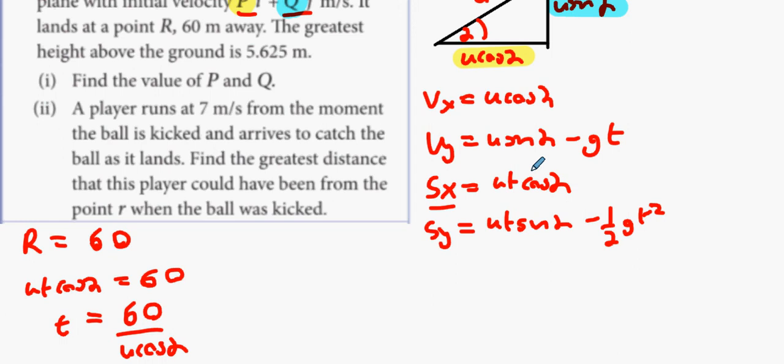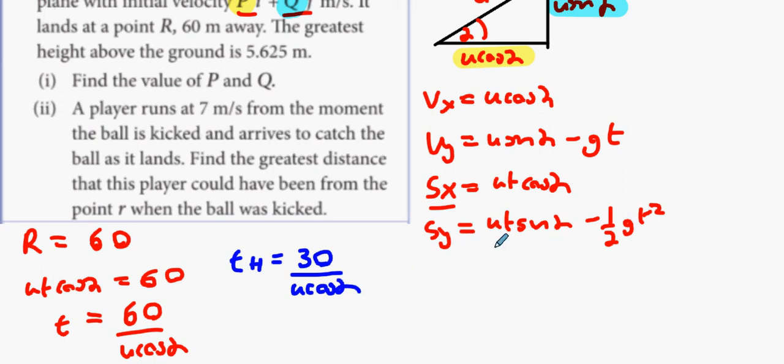Is it on horizontal ground? It is. So if the time of flight is 60 over u cos alpha, then the time to the greatest height, which we call th, might be 30 over u cos alpha, because it takes the same time to go up and the same time to come back down again.